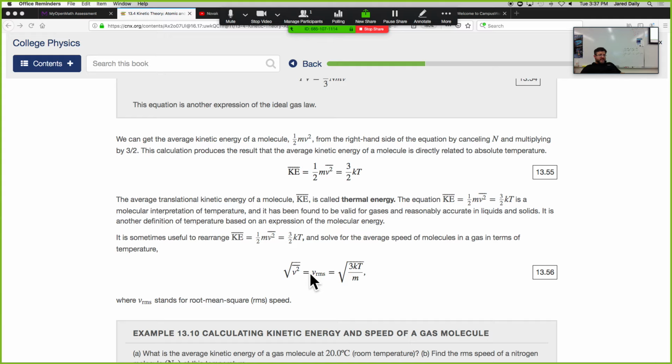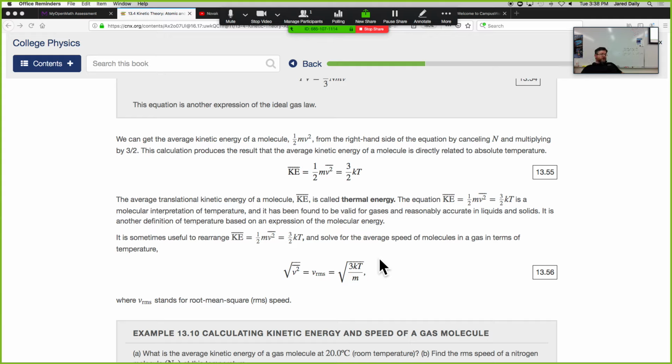In other words, this tells us that the velocity is directly dependent on the temperature. The temperature goes up, the speed of the particles goes up. Because there's a square root here, it's not a linear relationship.